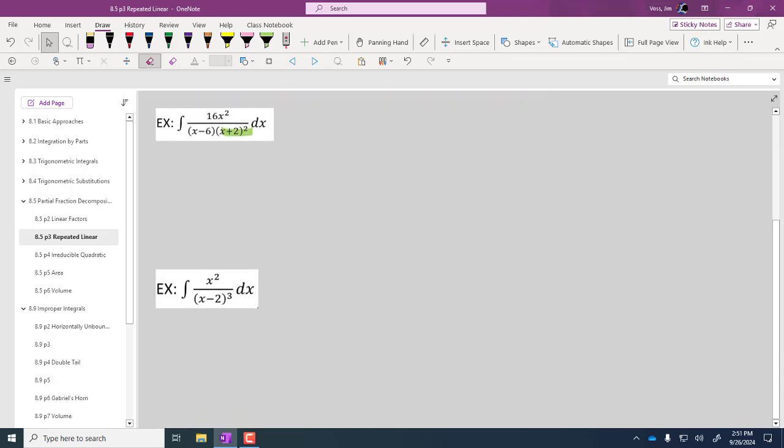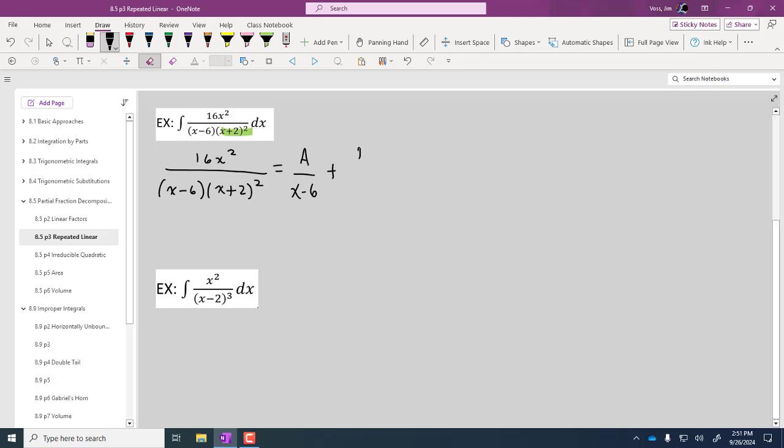So let's try it. So with this one, we start with the inside again. So we're going to take our integrand and we are going to create a framework for this PFD. So x minus 6 is linear, not repeated, so it's just going to be a over x minus 6.